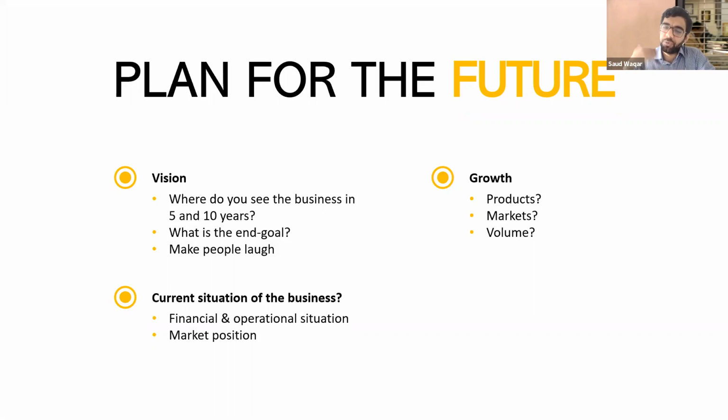Each of these requires different kinds of plans, different expertise, and different amounts of funding. And to better know what type of growth you're going to do and how much you need, you have to be on top of your current situation in business. And for that, you need to know your vision in the end. So that's a bit on how to plan for the future.